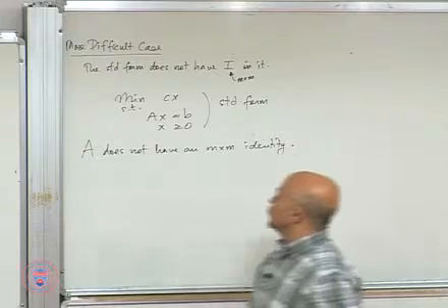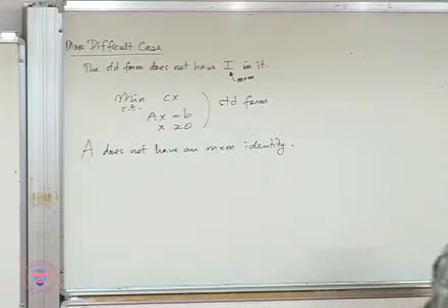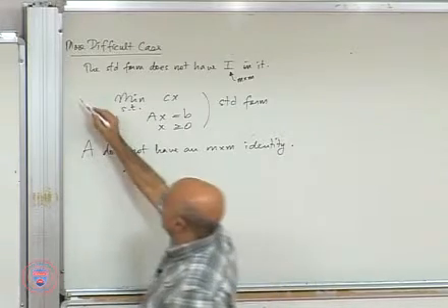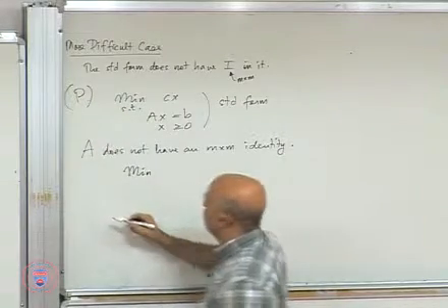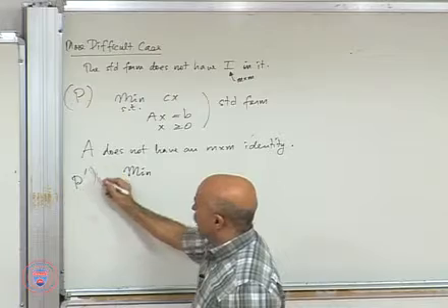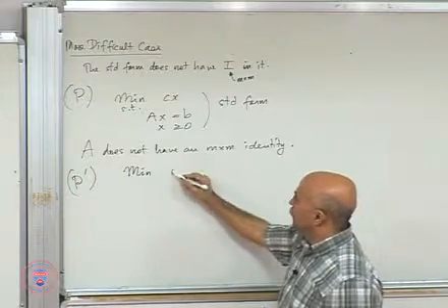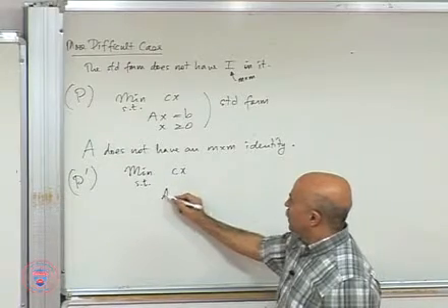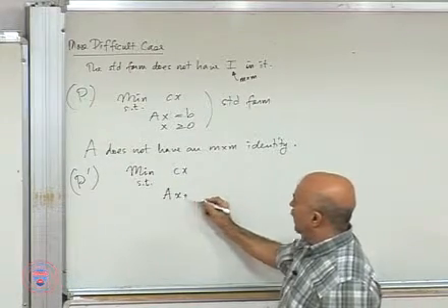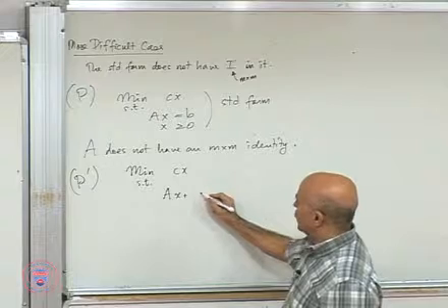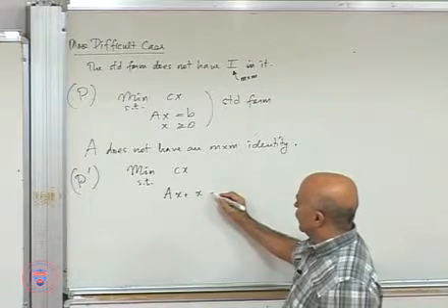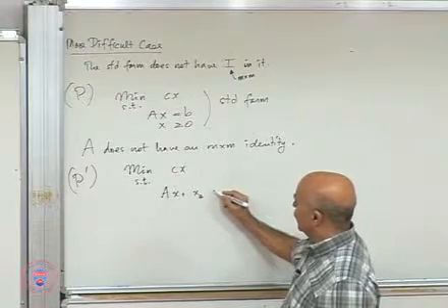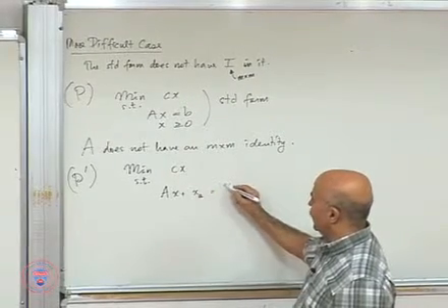In that case, what we do is we perturb the problem to make it look like the following. So if this is my initial problem, I perturb it, make it P prime. I add identity times x sub a, a vector of variables x sub a.